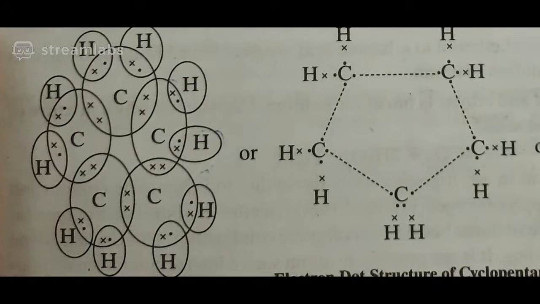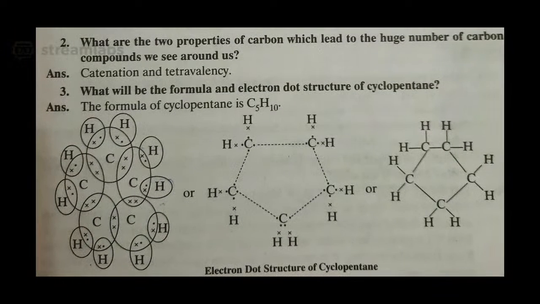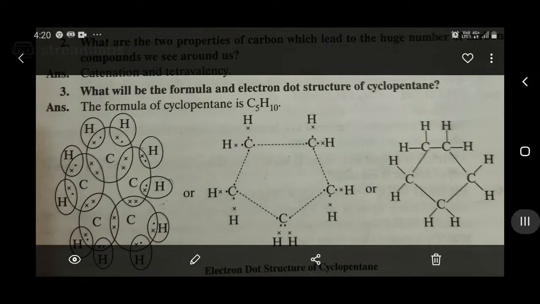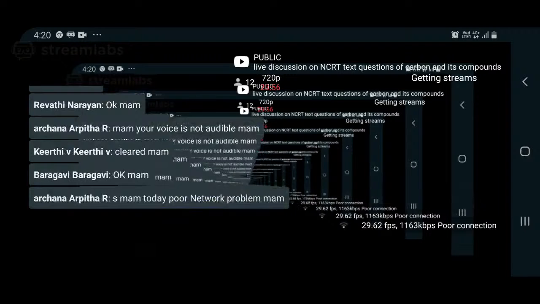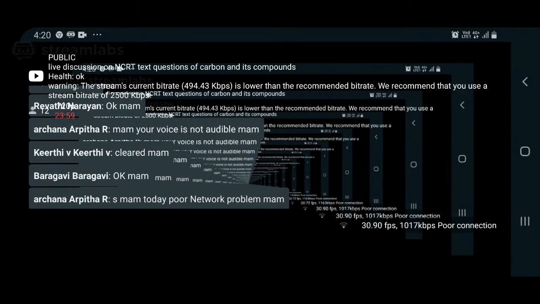Now, making the carbon complete with an octet structure, 8 electrons for each carbon, then it is also called a dot structure. Okay. The dot structure of cyclopentane is clear.